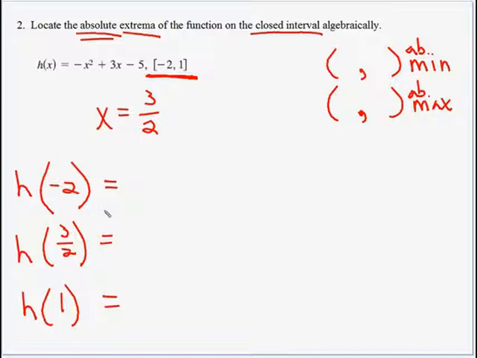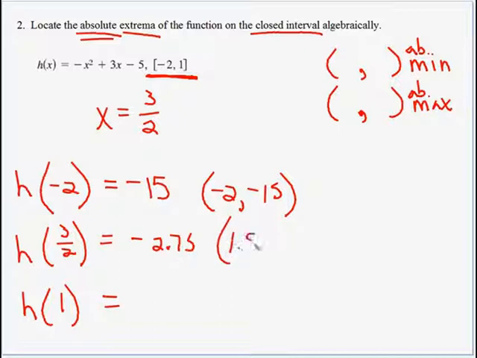But when you plug a -2 back into the original equation, out pops a -15. So that's the ordered pair, -2, -15. If you plug in the 3 halves, out pops a -2.75. So we could have that as 1.5, -2.75.